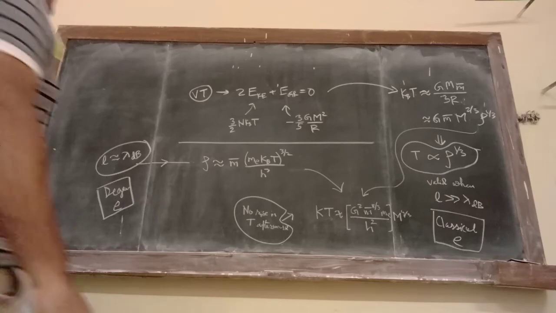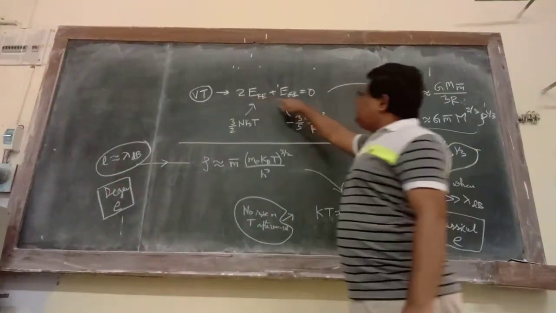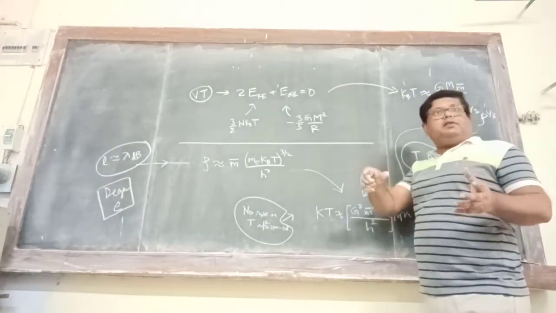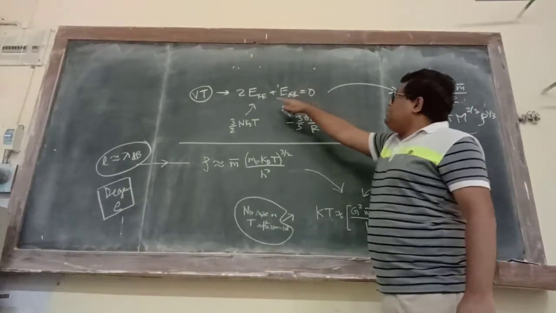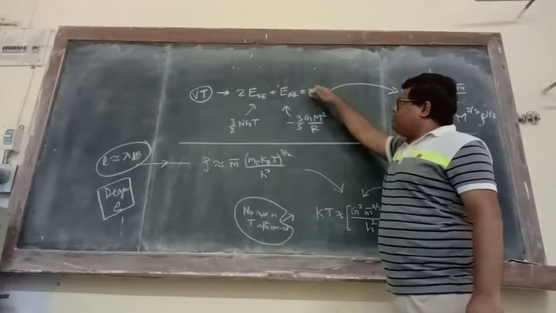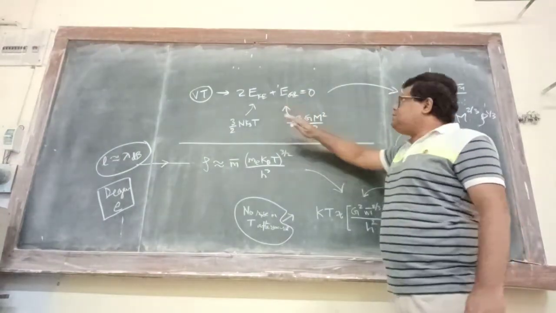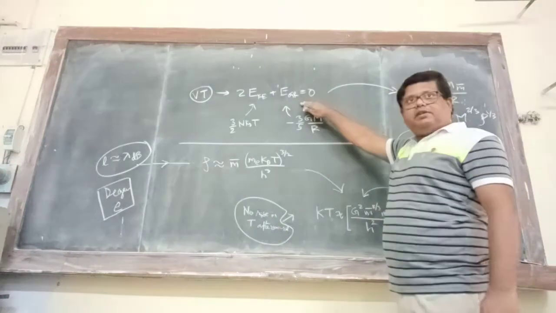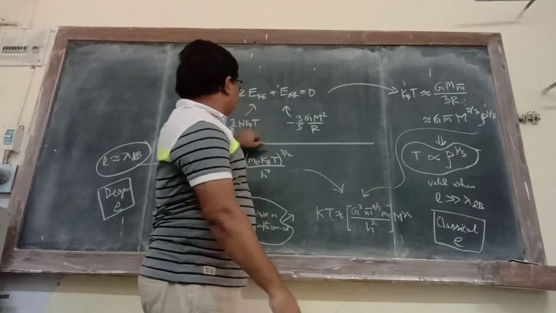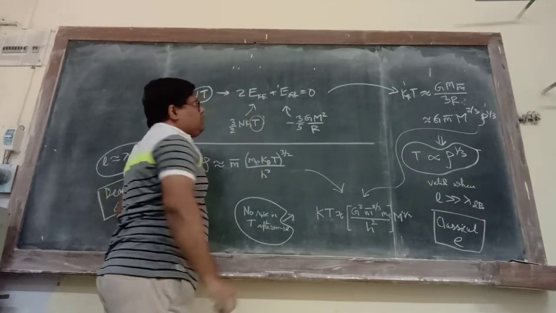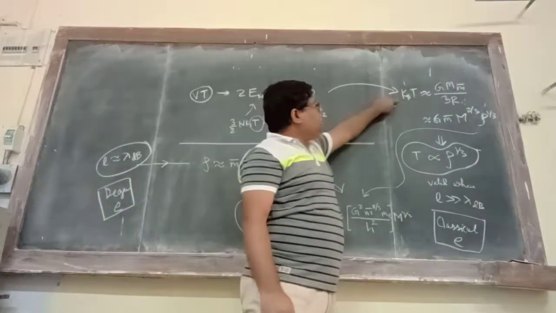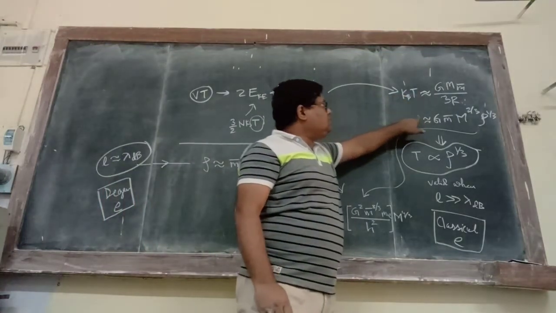As I was saying, see the Virial theorem statement for a non-relativistic system in hydrostatic equilibrium: 2E kinetic energy plus gravitational energy equals 0, and this is the expression for kinetic energy, and this is that for gravitational energy. Now if we do that, then from here you can equate this temperature. Okay, this is what we want to do. We want to find the temperature, and see here we get kBT is of the order of this expression.